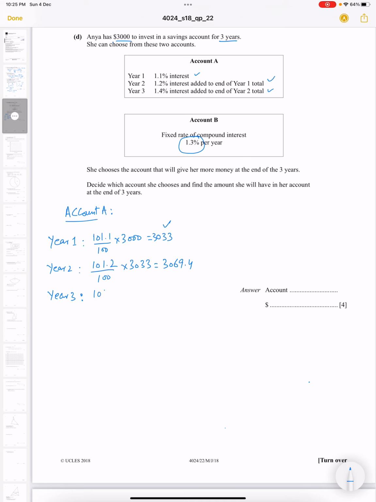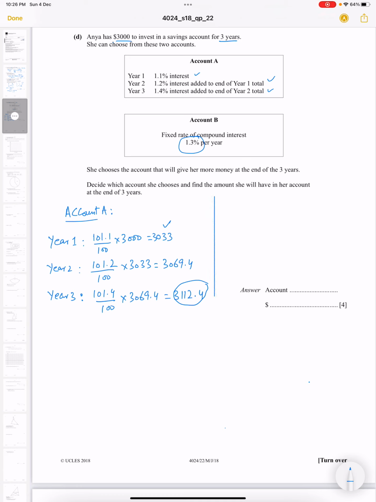So again 101.4 over 100 times 3069.4. So this will be $3112.4, the amount after 3 years.